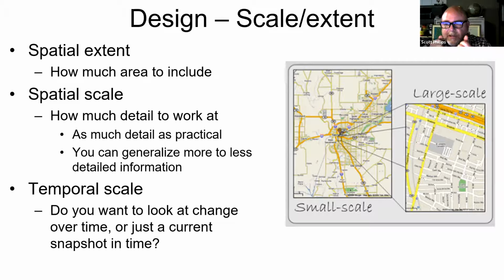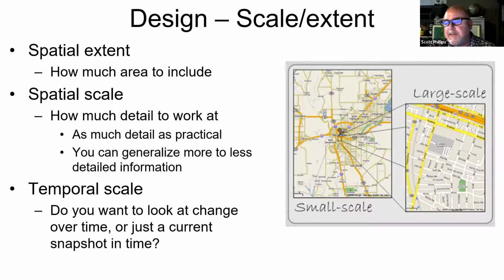How zoomed in is one scale and zoomed out is a different scale. When data is created, it can be created at a regional level, like the whole United States, or sometimes it's created at a very local level. And again, it's better to start with more detail if that's practical, and then you can generalize that to less detailed as you need to.